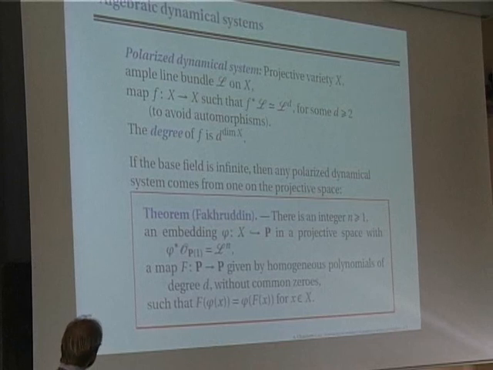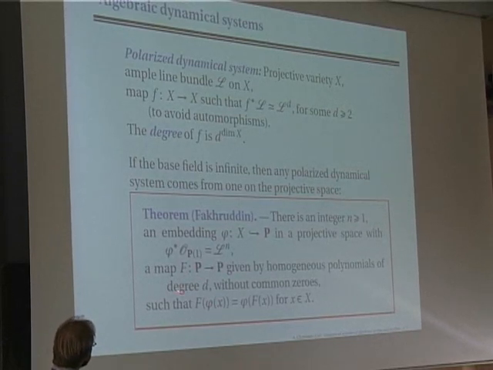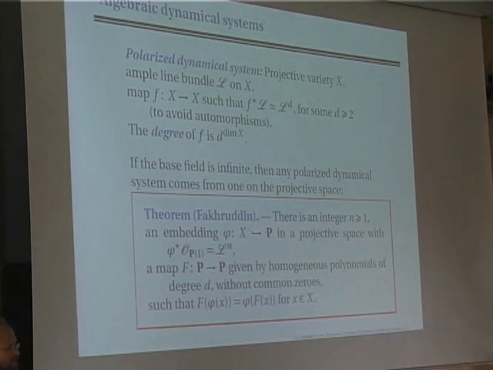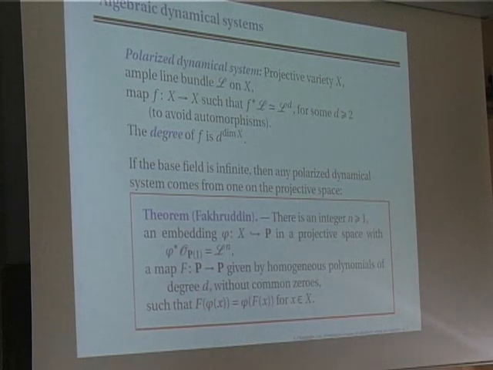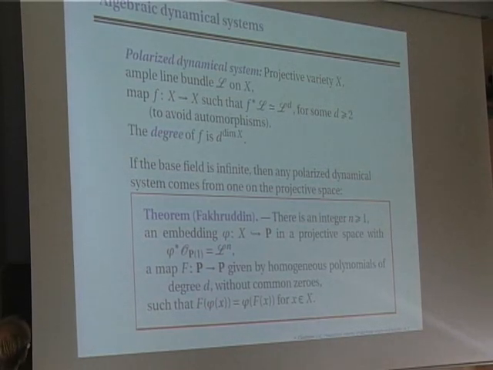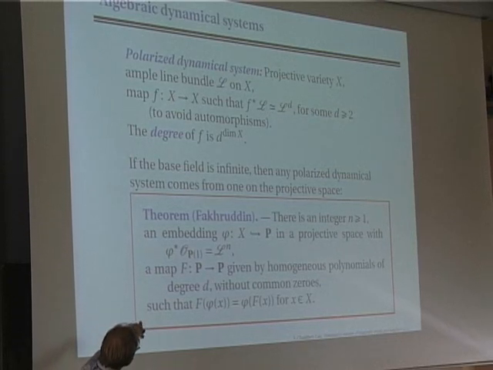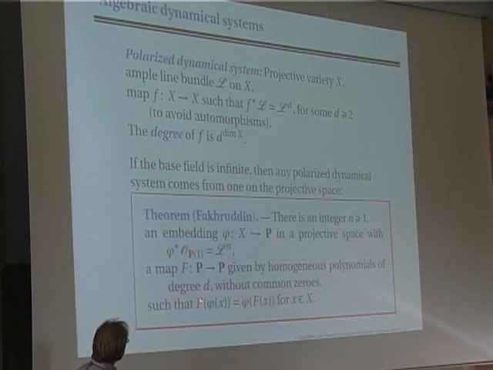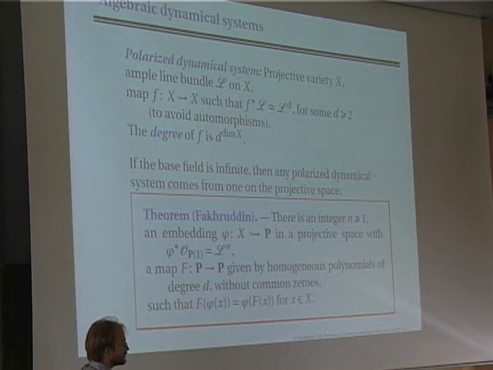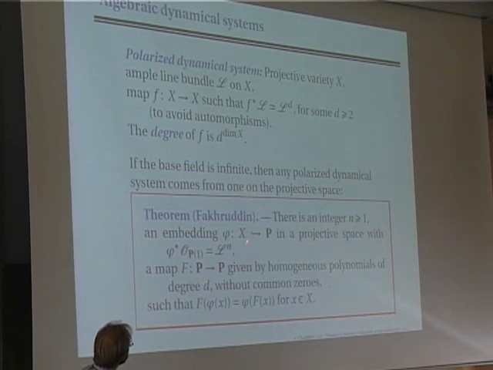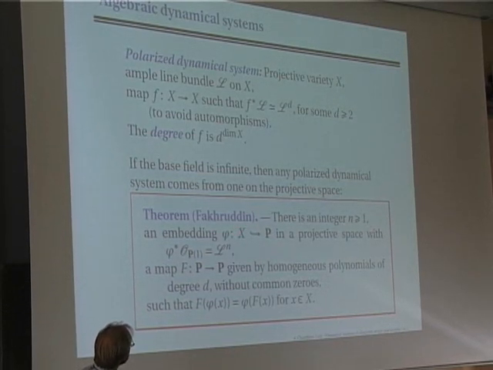So it is really a map from P to P, not only a rational map. So it is given by homogeneous polynomials of degree d without common zeros, like that. And this dynamical system f on the projective space commutes with the dynamical system on X.